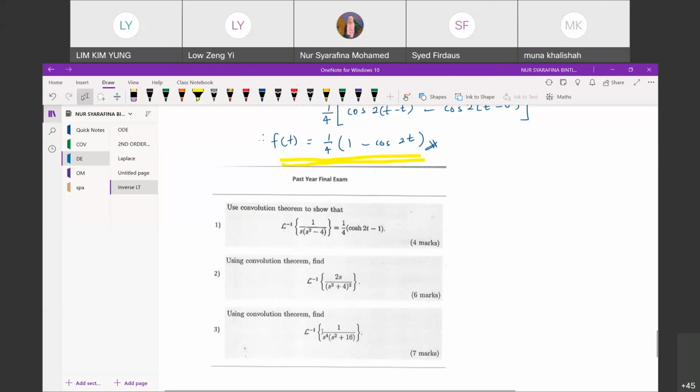Then you can choose 1 over s to the power 4 as one function and another one is 1 over s squared plus 16. So you just choose one Fs and one Gs, then find your Ft and G(t minus u), and then just substitute into the theorem. So this is how you use the convolution theorem.